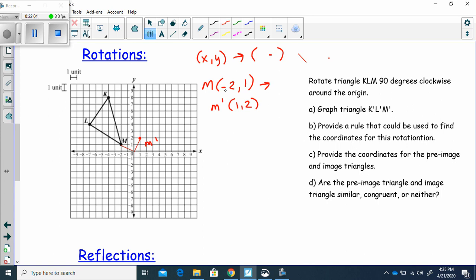So what I do here is I start with XY. I take X, I move it to the Y spot, and I change it from positive to negative. And the Y becomes the X spot. Okay, there's my rule.